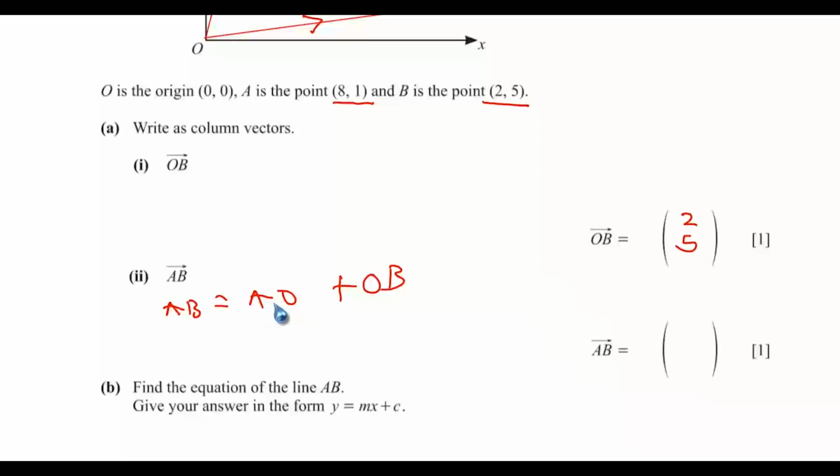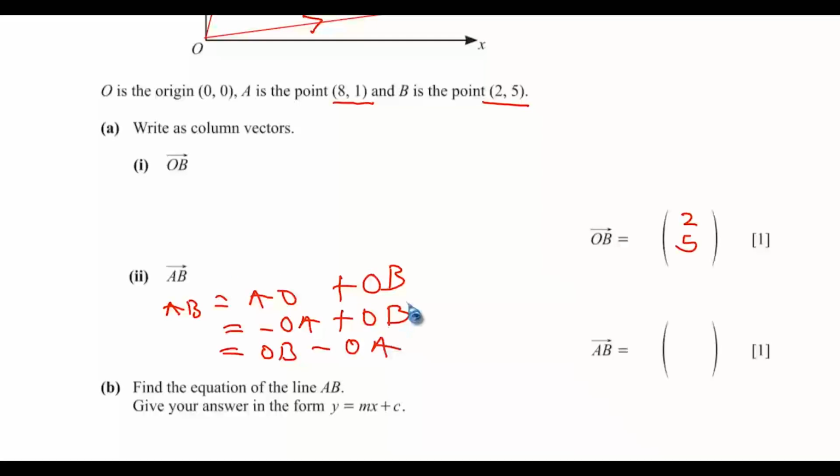But we don't have AO, so you can change it to negative OA then plus OB. Okay, and that will simply be OB minus OA. So I just wanted to show you how to derive this. You can easily say AB is equal to B minus A or OB minus OA.